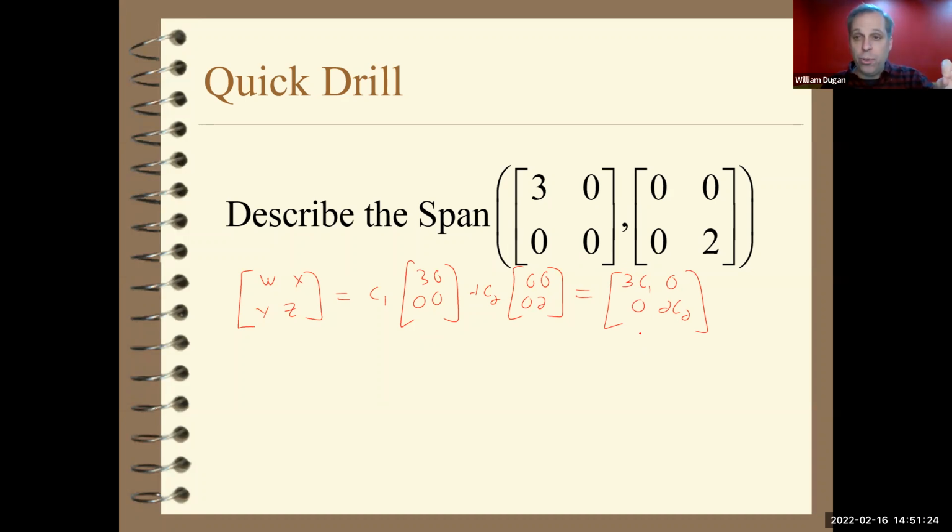That means that W could actually be any real number. Z could be any real number, but X and Y can't be. X and Y have to both be 0, because again, corresponding entries have to be equal. So X must be 0, Y must be 0.